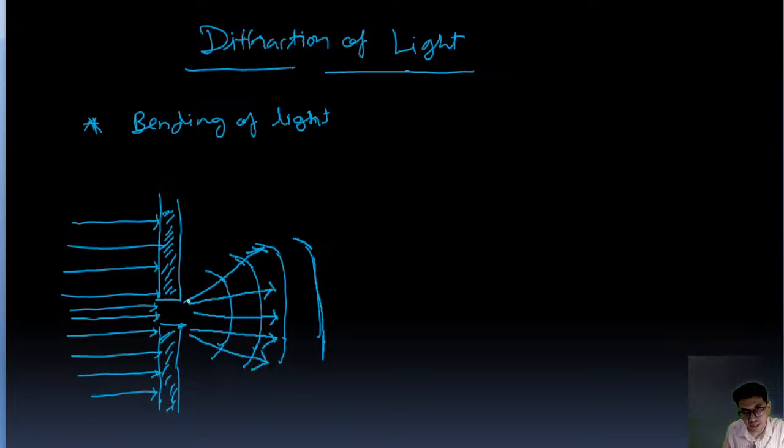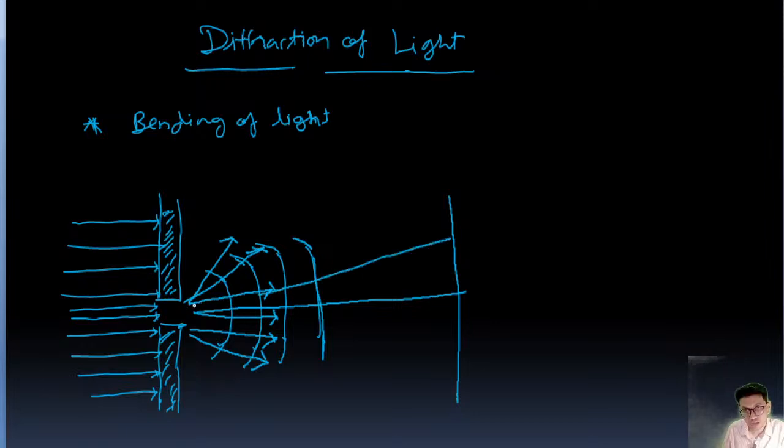You can see the bending of light. This is bending of light, guys. This is at the center, and suppose this is at angle theta. This is the screen, and this is the interference, so diffraction.